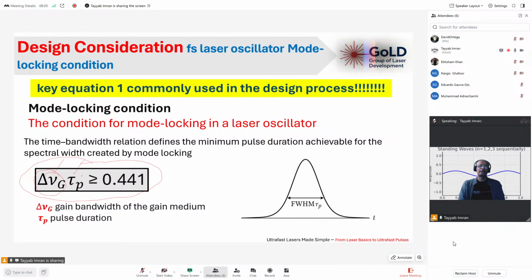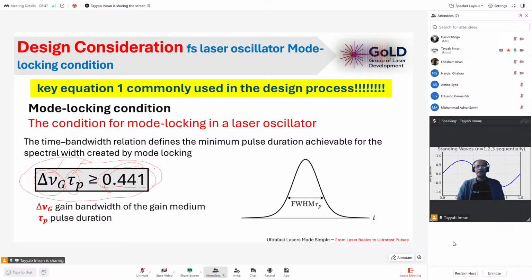And the second thing shows the pulse duration, for how long the pulse appears. And it is equal to or greater than this value, which is for the Gaussian ideal case of the beam or the beam profile. In general, this one is called the time bandwidth relation.